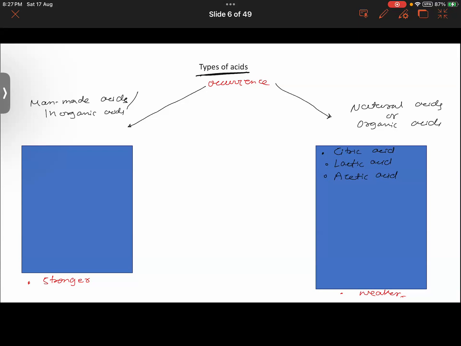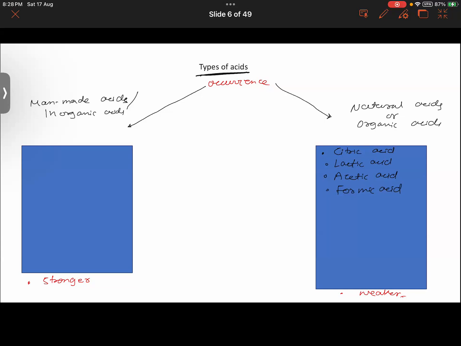Acetic acid, which is a weak acid. Okay, no? Sir, acetic. Yeah, acetic. A-C-E-T-I-C. Okay. Then we have the ant sting and the bee sting. They contain formic acid in them, which is another weak acid. Okay, it is a weaker acid.